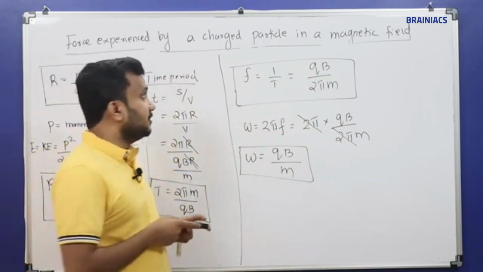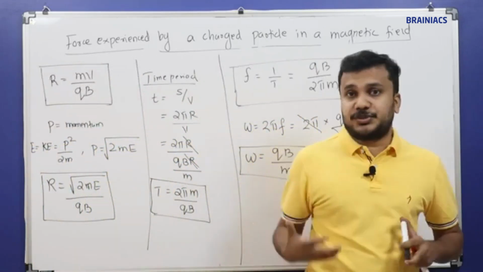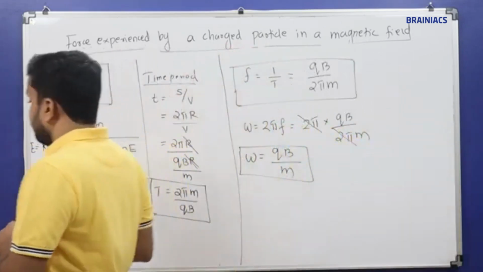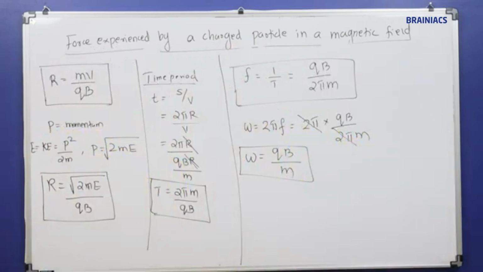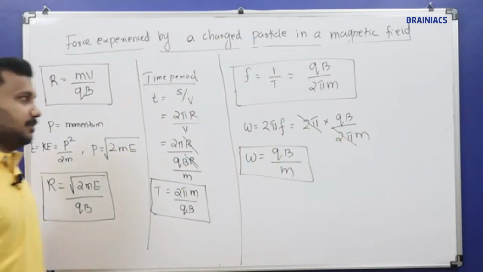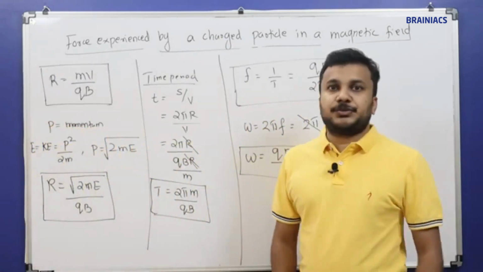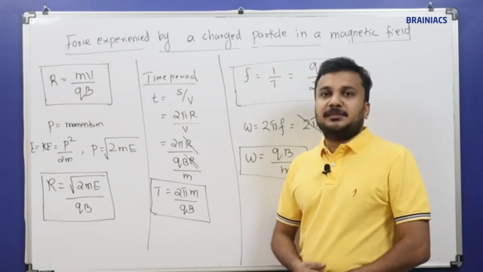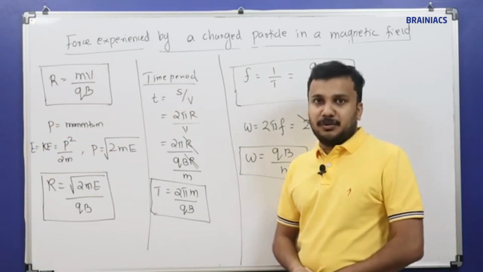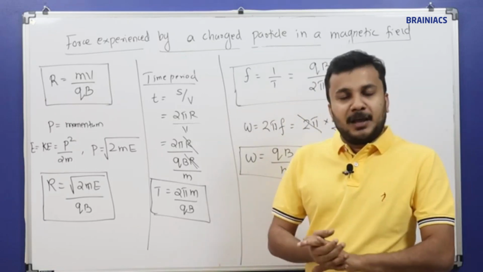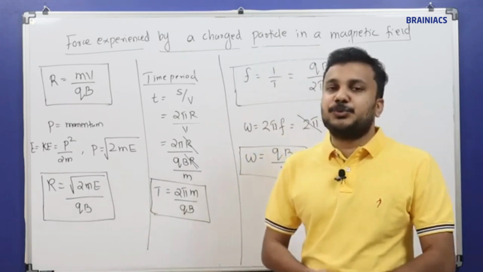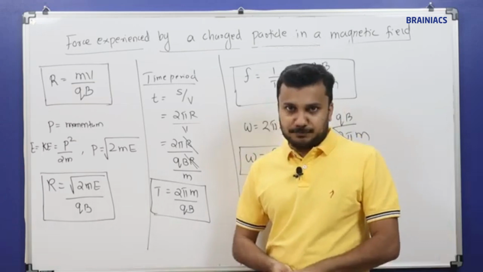These are the various relations available under the force experienced by a charged particle in a magnetic field. Whenever a charged particle enters a magnetic field, it will experience some force, known as magnetic force. How to find the direction of magnetic force? Using Fleming's left hand rule.